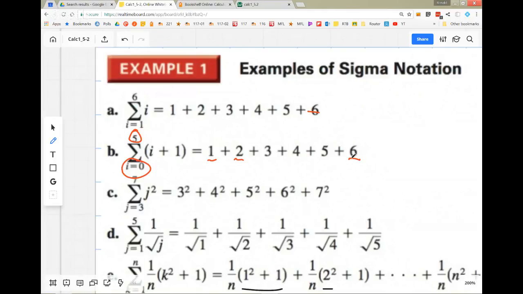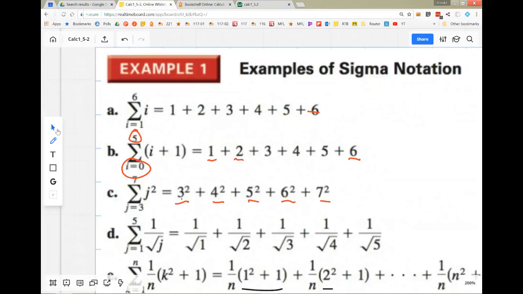So in part C, the counter j starts off at 3 and goes up to 7. All right, so the first time through, 3 squared. Second time, 4 squared, 5 squared, 6 squared, 7 squared. And of course, that would be 9 plus 16 plus 25 plus 36 plus 49, which of course we could calculate.